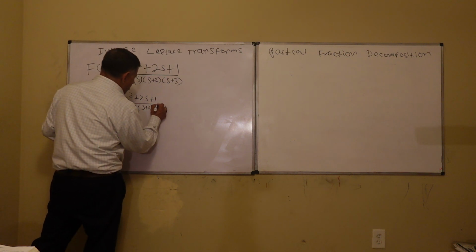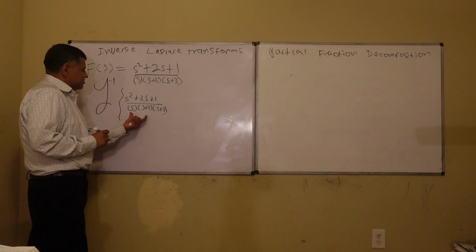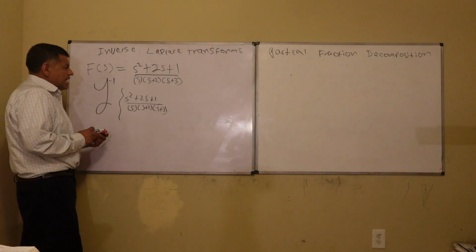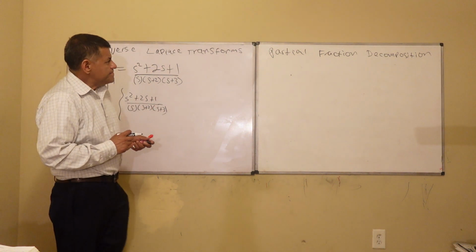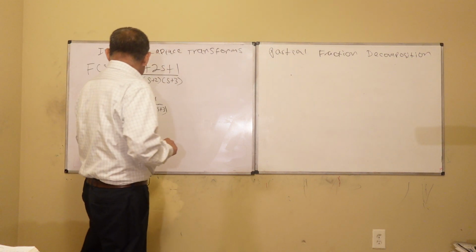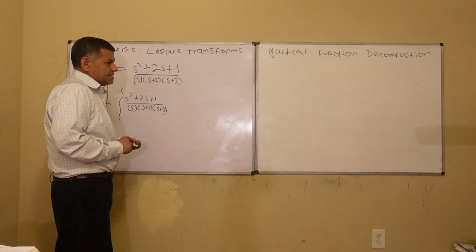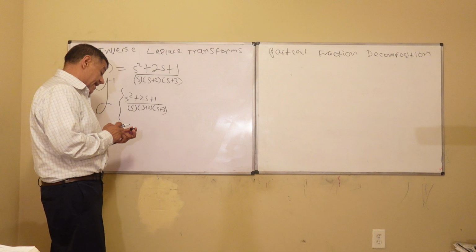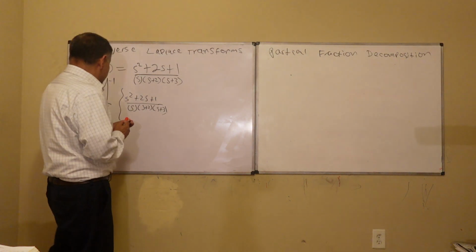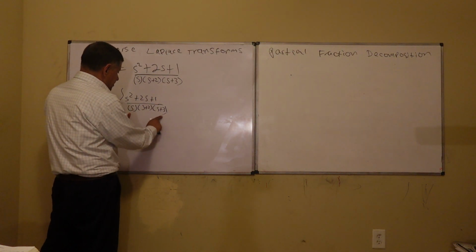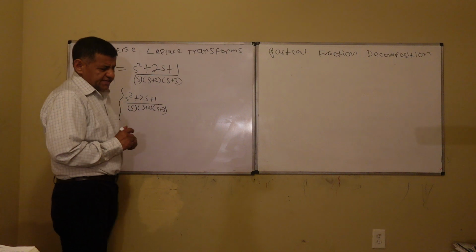Okay, so now notice that I have this fraction here. My goal is to find A and B, and in this case I have 3 terms, A, B, and C, right? Okay, so let's get it done.